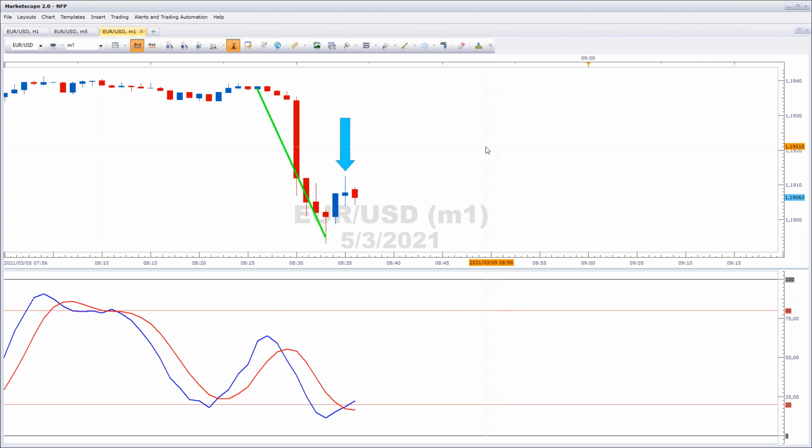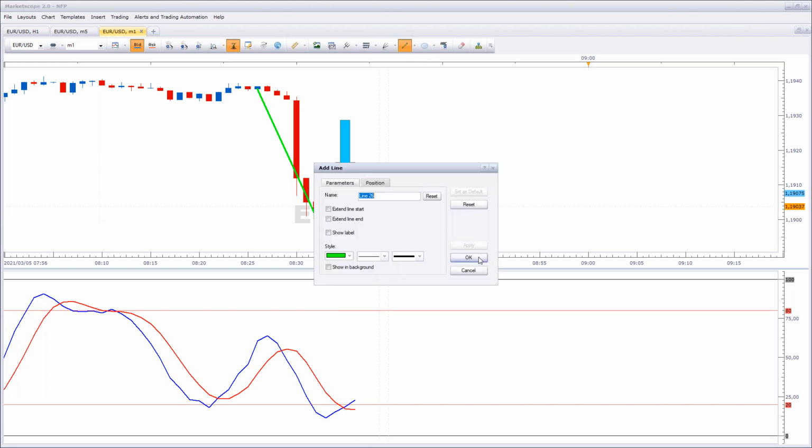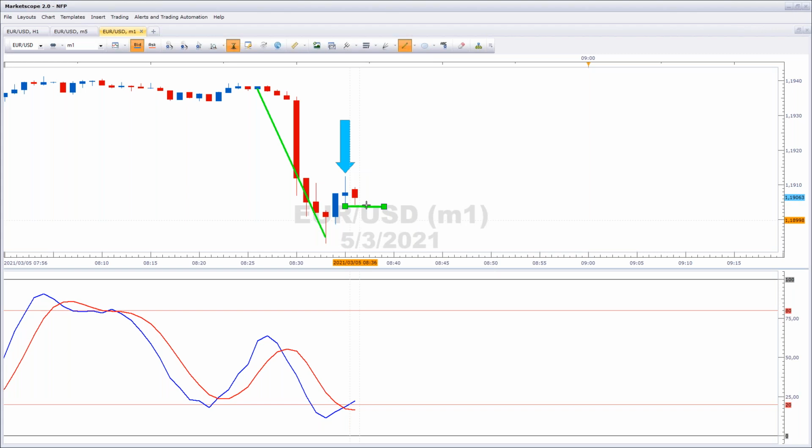Okay, here's the reference candle. Trying to get price to close below this reference candle's low. Okay, not yet. Market's not giving us the opportunity to get in just yet, so we're just going to carry on keeping an eye on this.